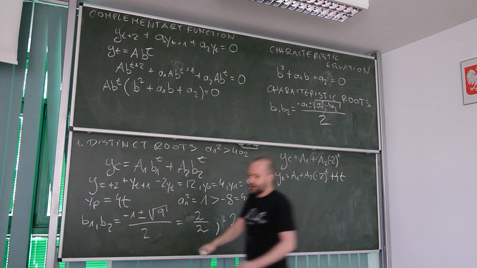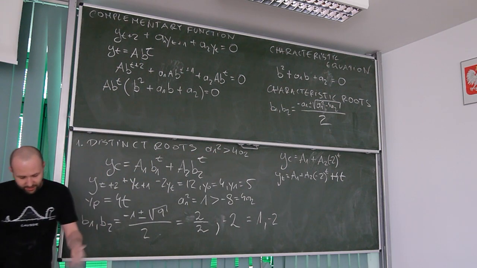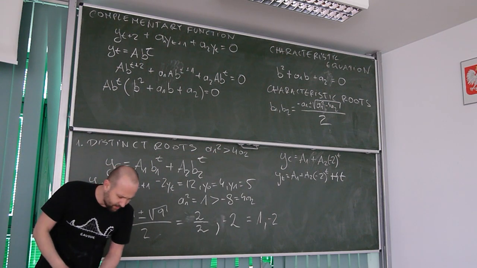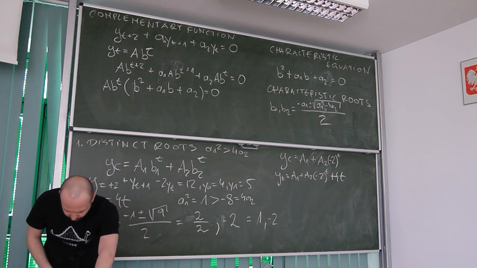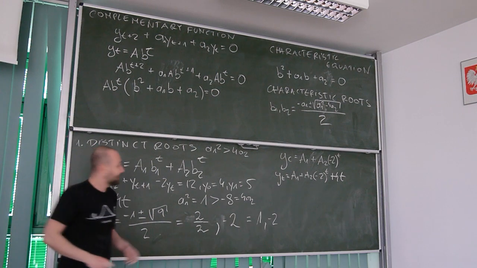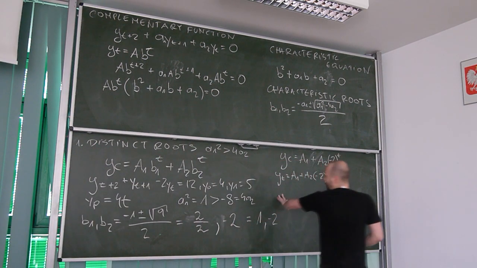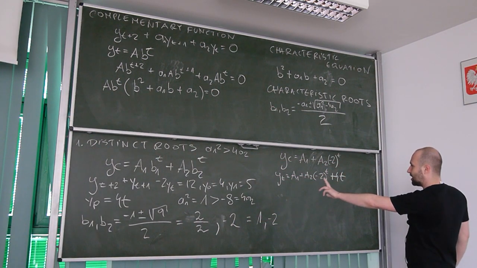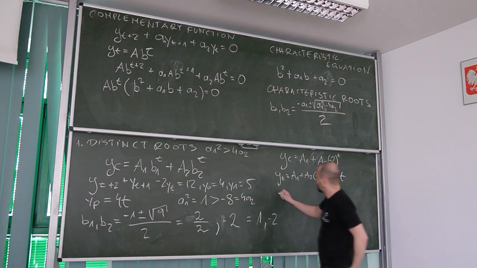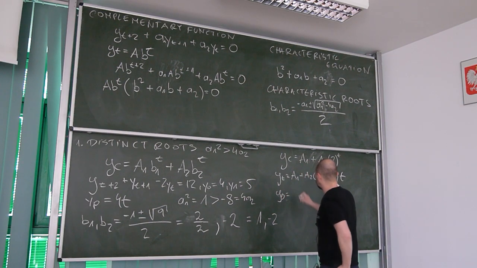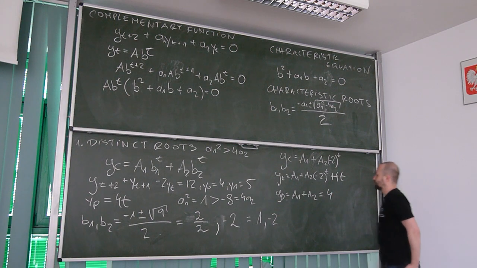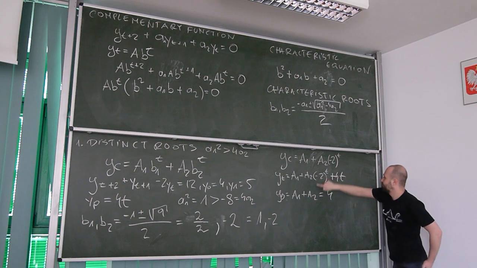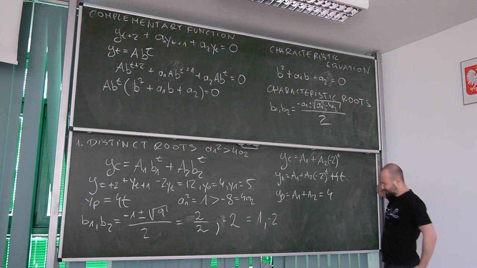Okay, now in order to obtain definite solution, we need to use initial conditions. Our initial conditions are y0 equals 4. We substitute 0, we get a1 plus a2 equals to 4, right? 0 over here, this turns into 1, this turns into 0.